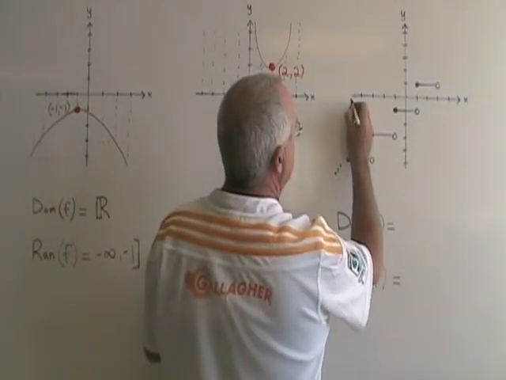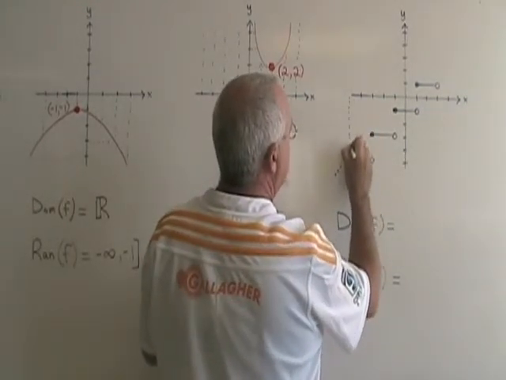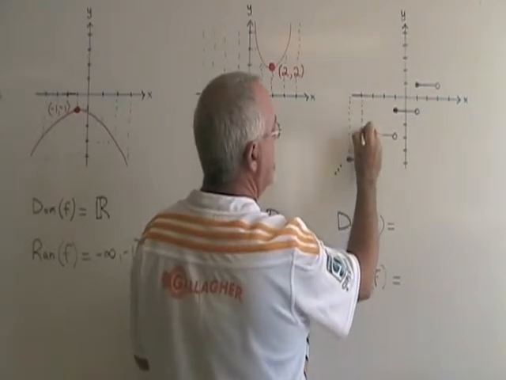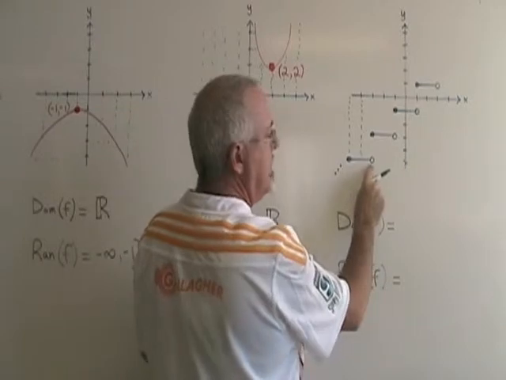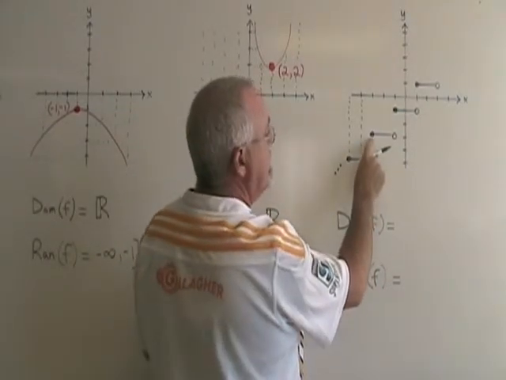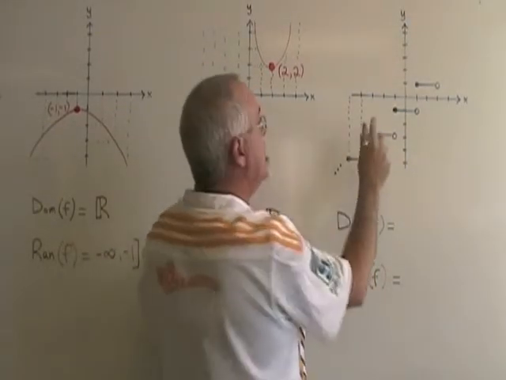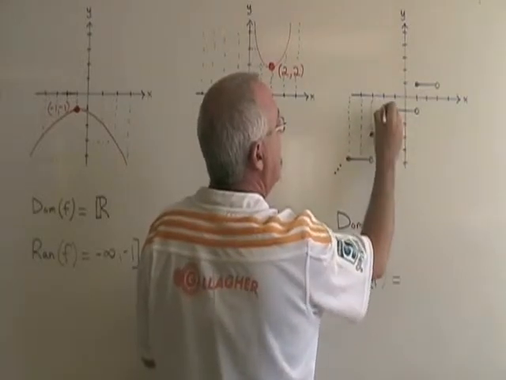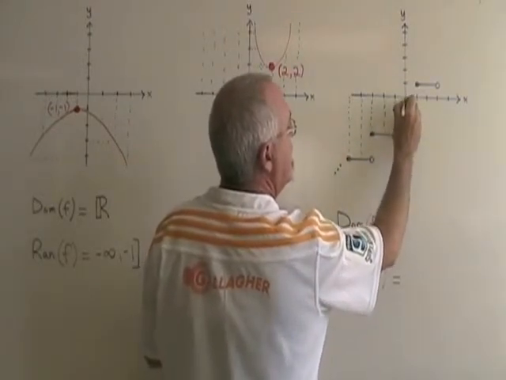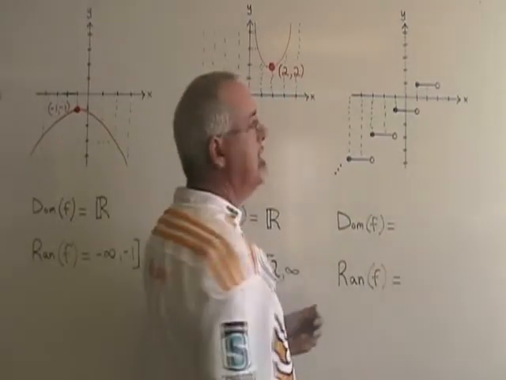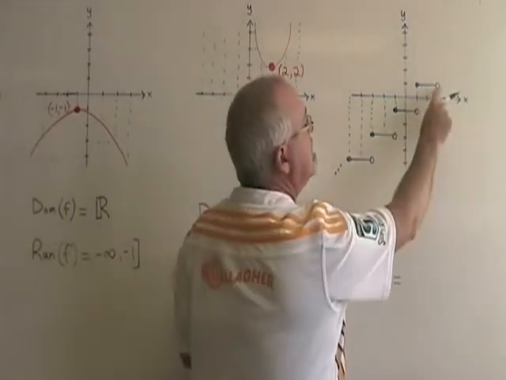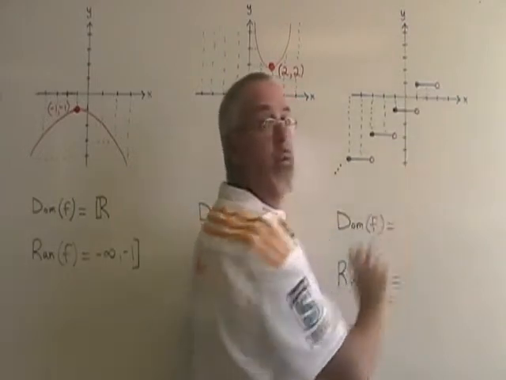So x equals -5 is projecting onto the line, as is x equals -4. X equals -3 does not project onto this point, which is not included, but it does project onto this point, which is included. -2, -1, 0, 1, 2, but 3 does not project onto the line because x equals 3 is not included.